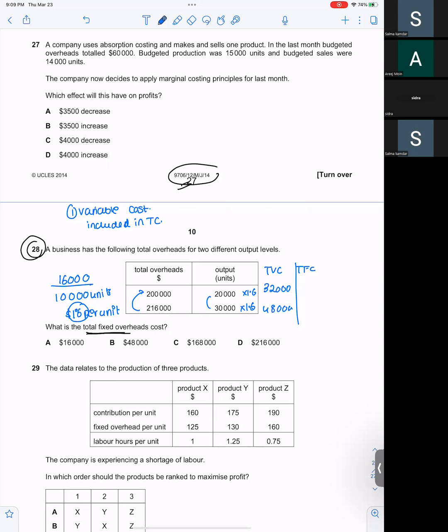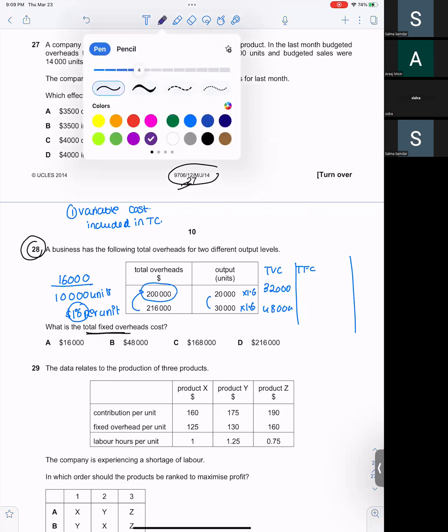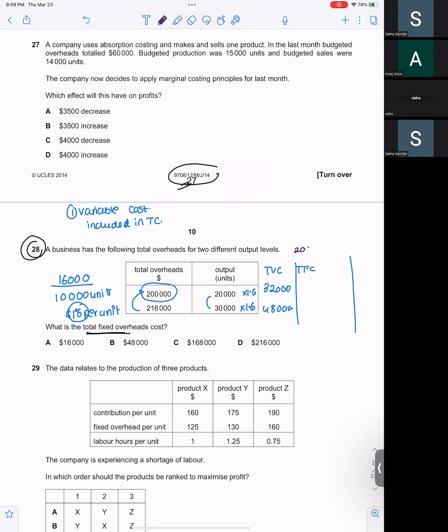What will be the total fixed cost if the total overhead is 200,000? 168,000.